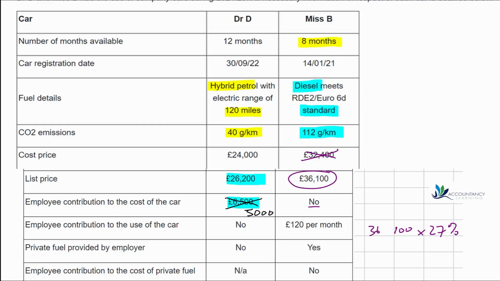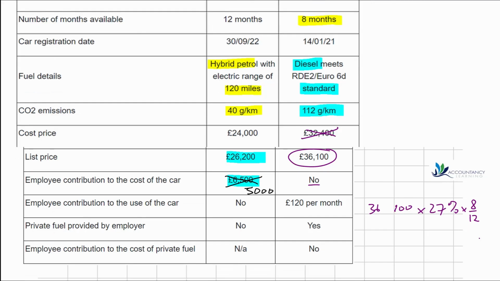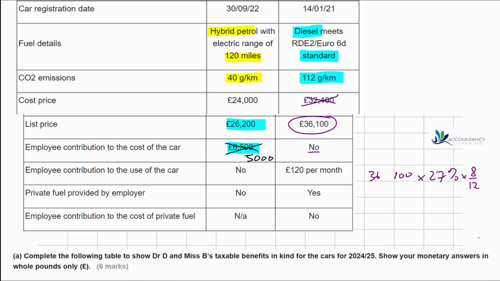So that means we need to time apportion this. We will pay 27% from the full year, but because it's only for 8 months, we're going to time apportion and multiply by 8/12. So in this case, that's going to give us 6,498.